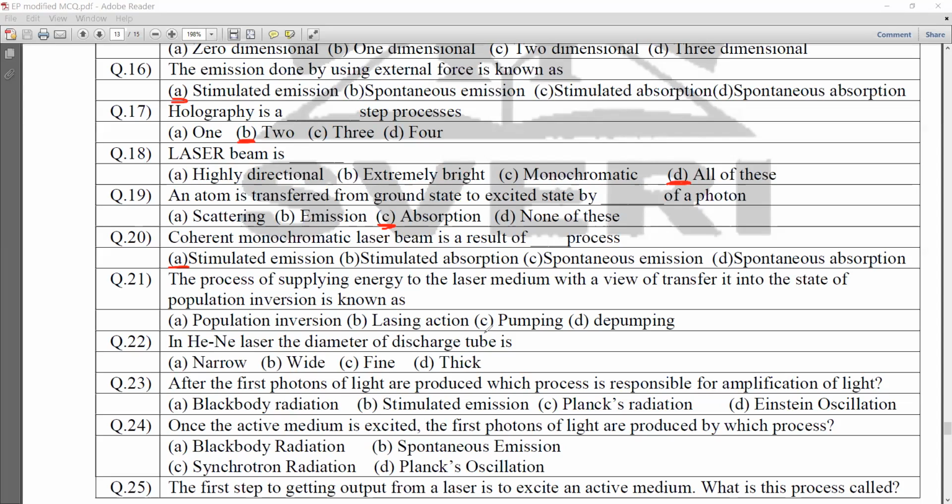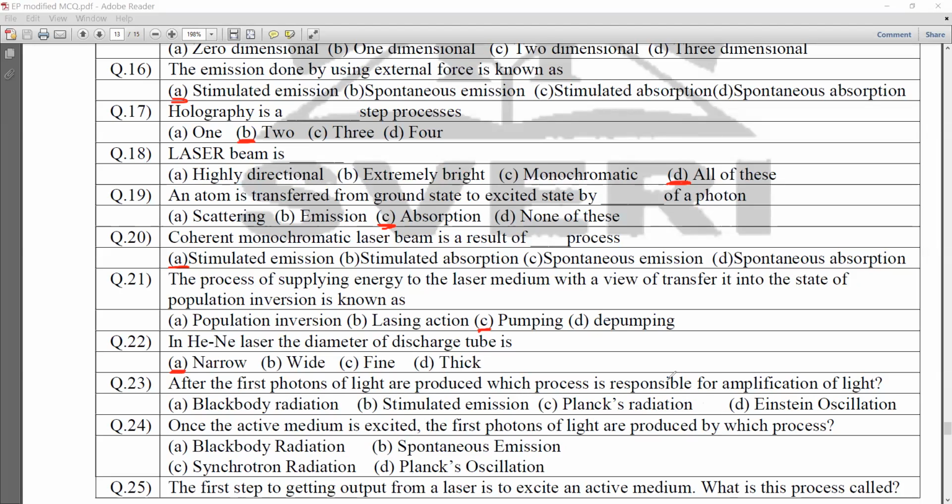So it is called pumping. It is right. In a helium-neon laser, the diameter of the discharge tube is narrow, wide, fine, thick. It is narrow. Okay. Then after the first photons of light are produced, which process is responsible for amplification of light?